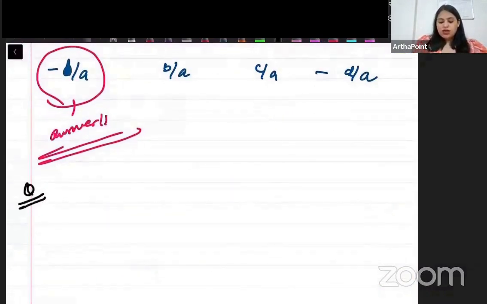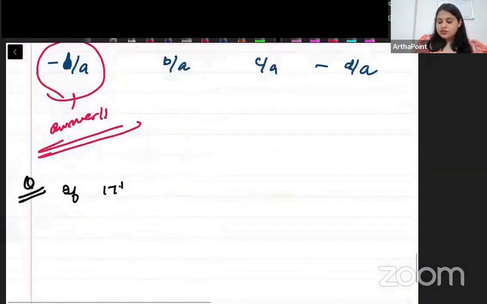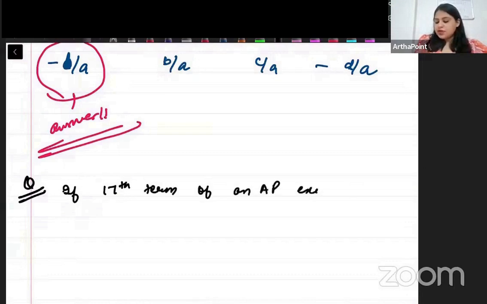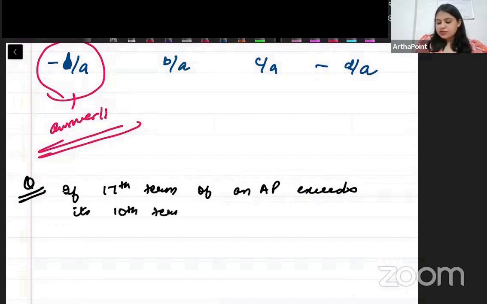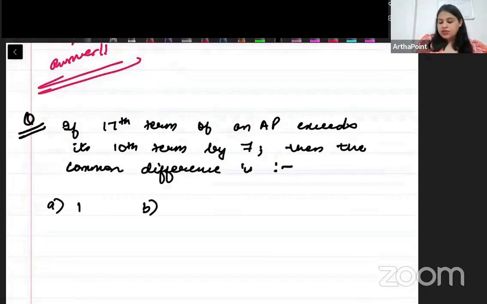So question number 1 that I want to give you is the following. Please write down. If the 17th term of an AP exceeds its 10th term by 7, then the common difference is: A1, B2, C3, D4.